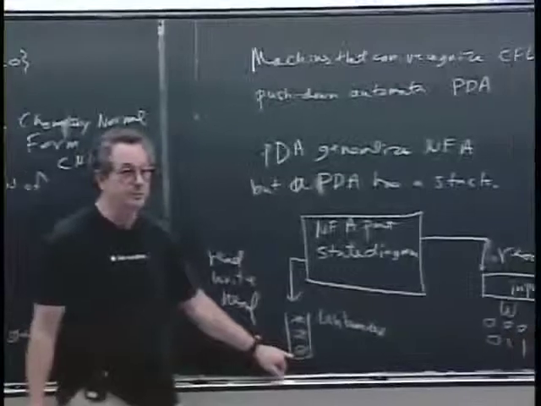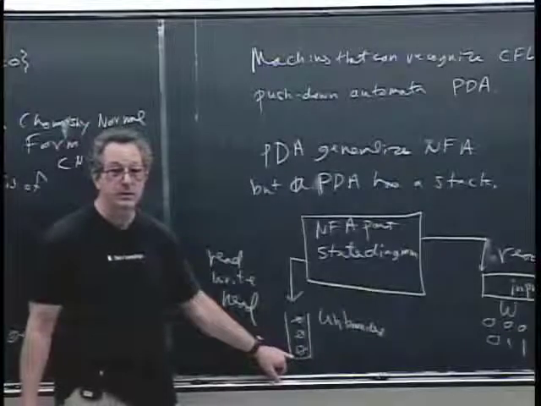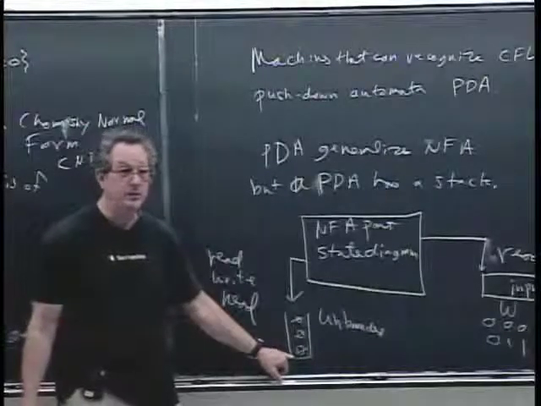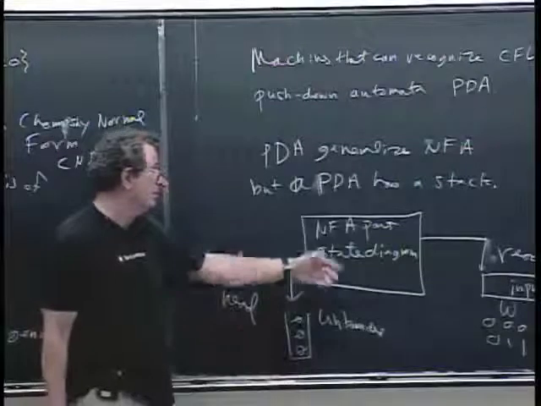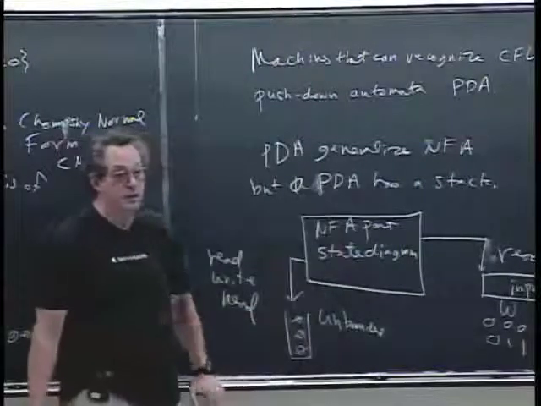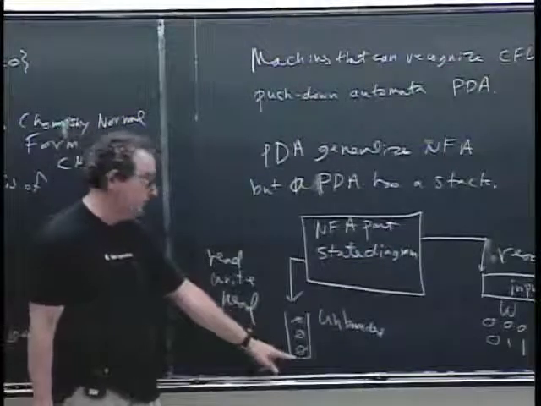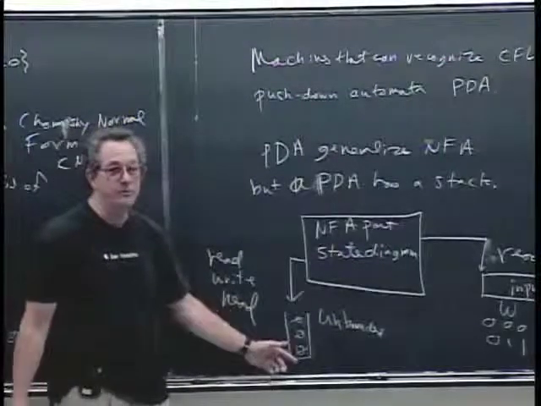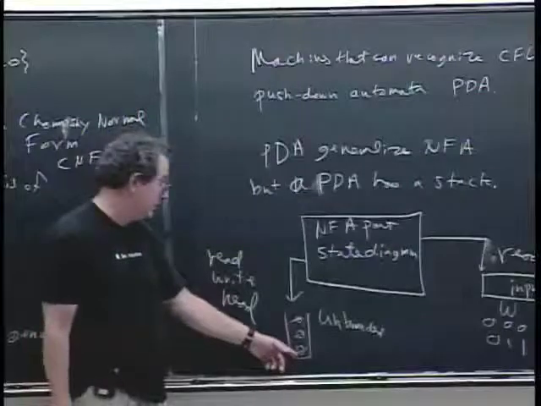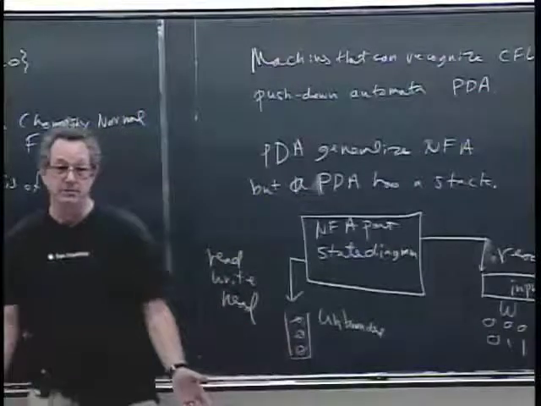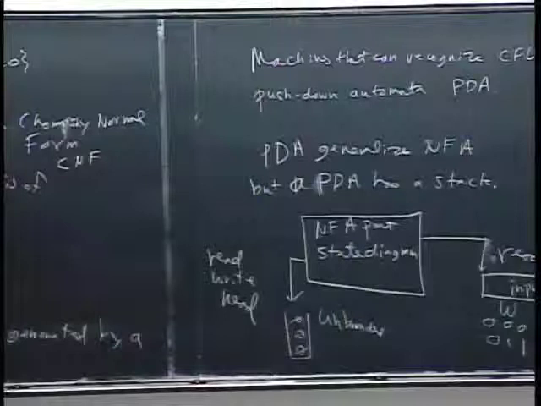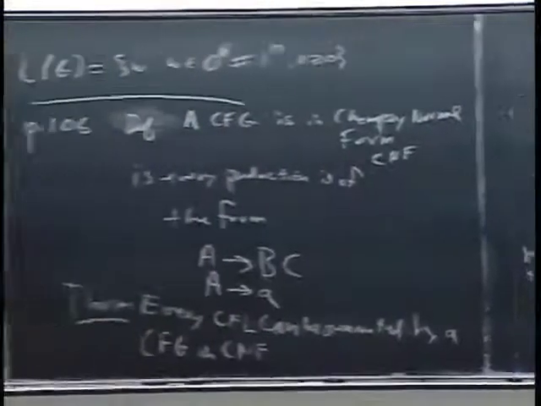The first symbol it pushes onto the stack is going to be like a $, which is not from the terminal alphabet. And so whenever it reads a $, that's equivalent to knowing that the stack is empty. So just a technicality there.